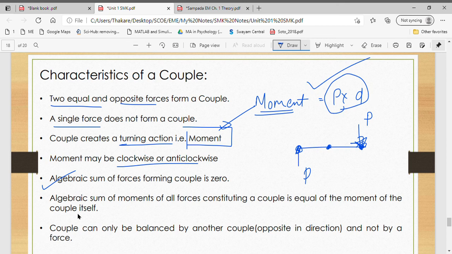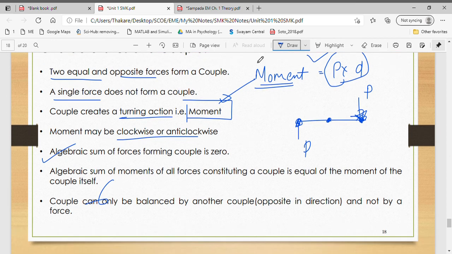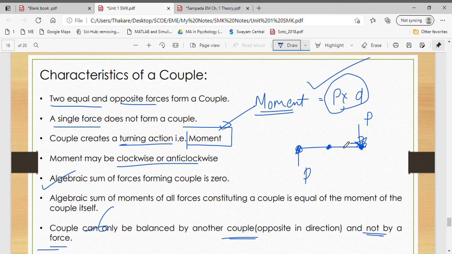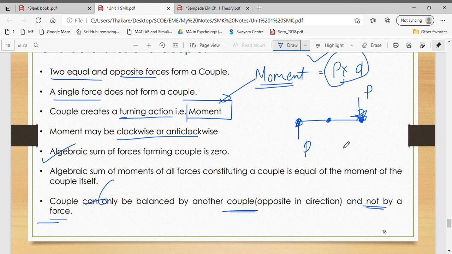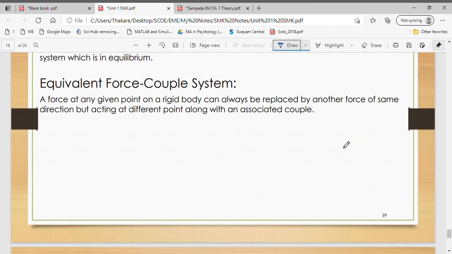And the last point is, a couple can only be balanced by another couple of opposite sense, and it will not be balanced by a single force. These are some basic characteristics of couple which you need to remember for your examination.